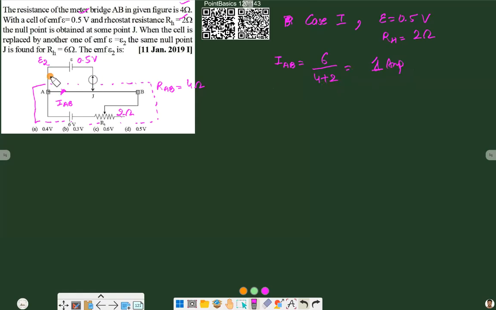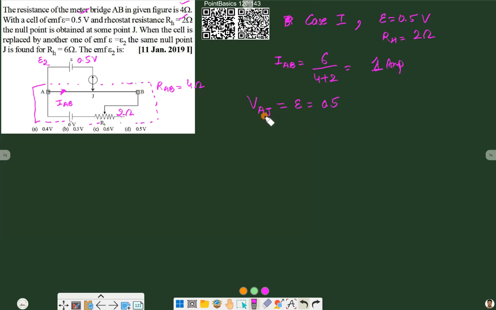Now, as we know that this cell E is at null point when this galvanometer is connected at point J, the potential across A and J should be equal to the potential of this cell. So we can say VAJ should be equal to E, and that is equal to 0.5 volts.